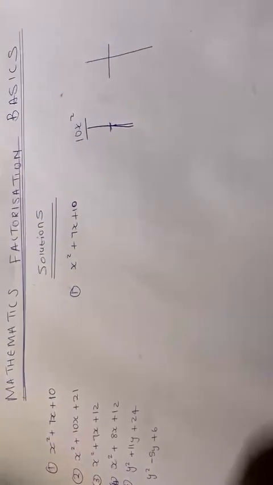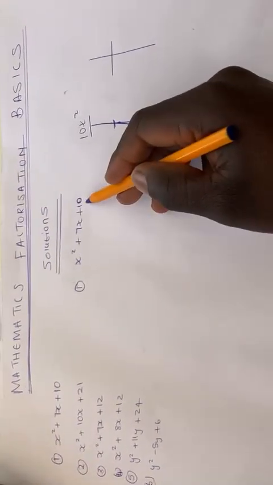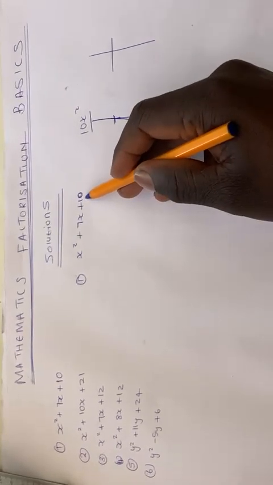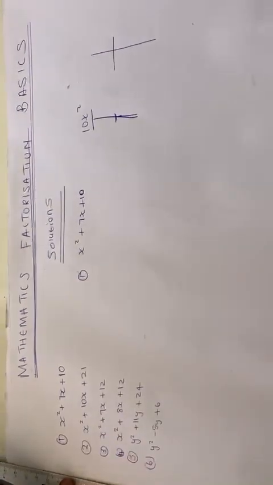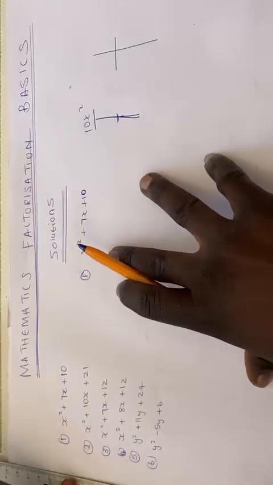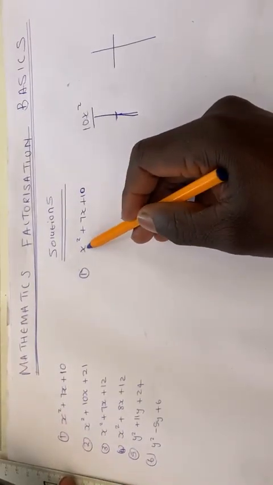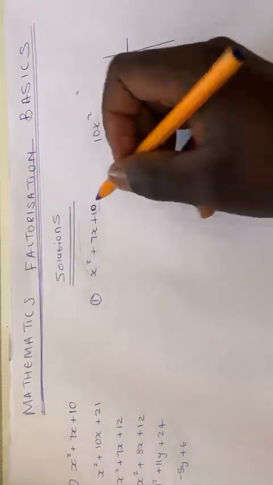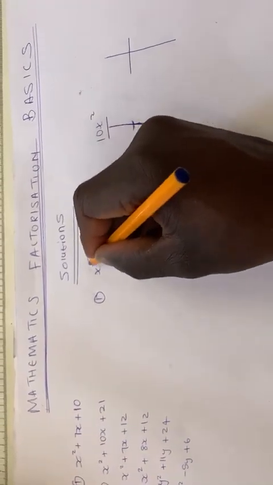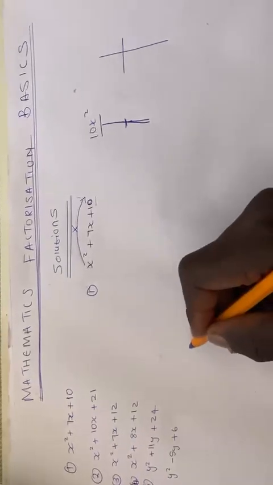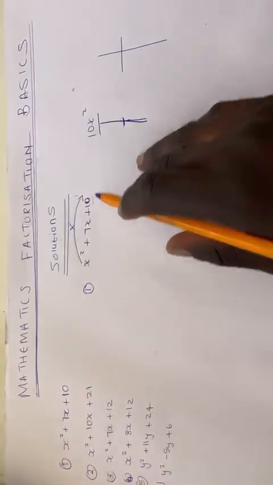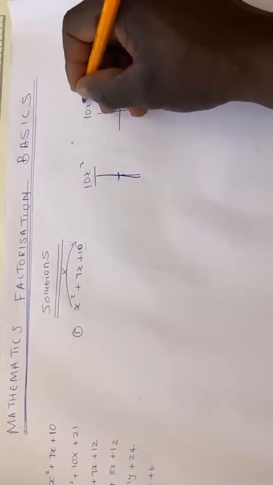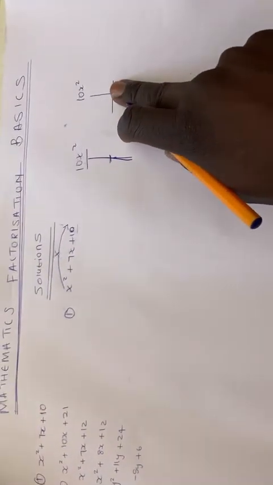After coming to your question, you have to multiply the first by the last, which is x squared at the first and 10 at the last. So you have to use multiplication here. When you say x squared multiplied by 10, it gives us 10x squared. This is your plus sign.